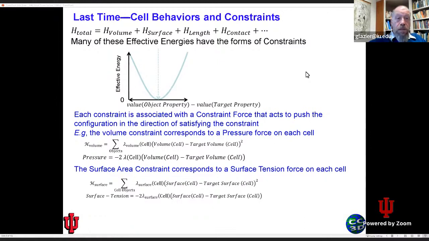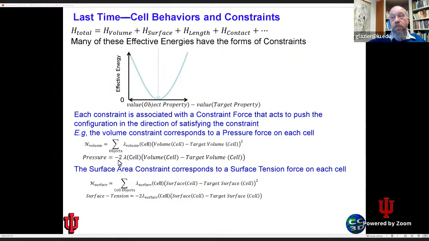And so every energy functional is associated with a force. In this case, the volume constraint gives rise to a pressure. The surface area constraint will give rise to surface tension. And for a quadratic constraint, the associated force is linear in the divergence between the actual and the target value, which is why it has a simple form. And so the force is here -2 because it's squared here, so we get a factor of 2.